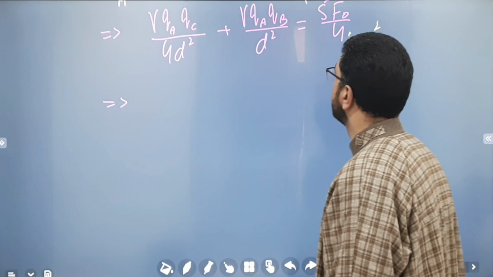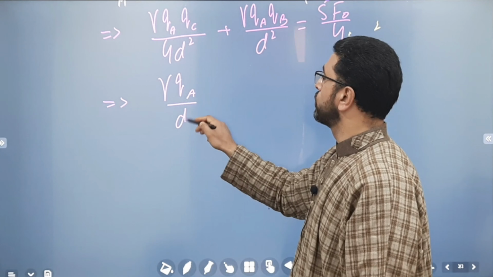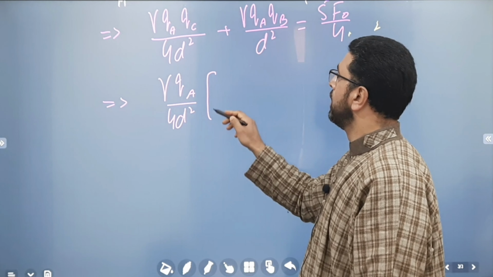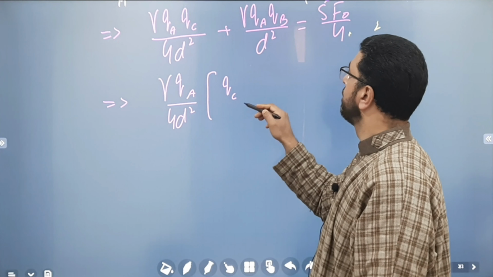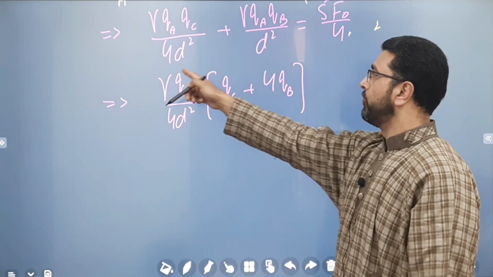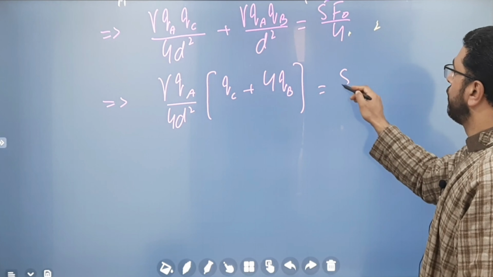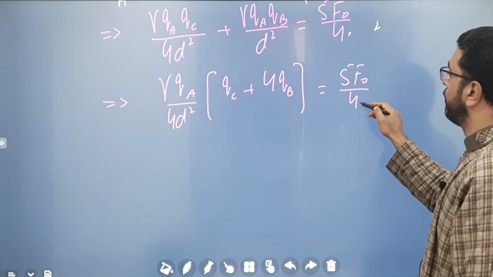So this implies I'll take gamma QA by 4D squared common. We're left with QC here and 4 times QB, because we have taken 4 common and 4 is not here. So this becomes 4 times QB is equal to 5F0 divided by 4.